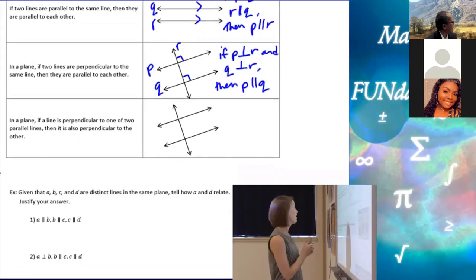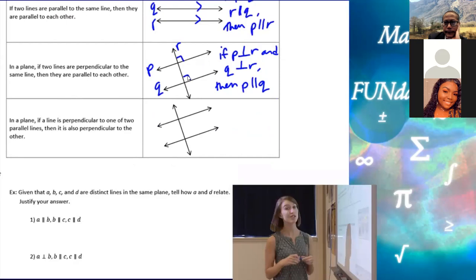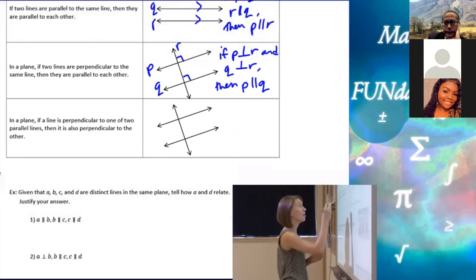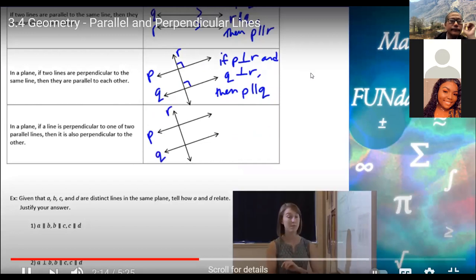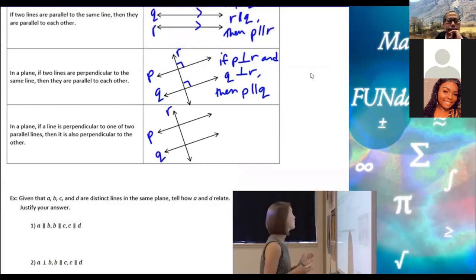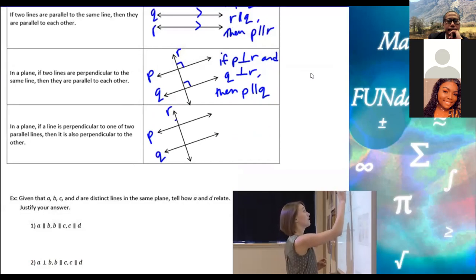Right, last one. In a plane, if a line is perpendicular to one of 2 parallel lines, then it's also perpendicular to the other. What we have here is slightly different than the last one, but this time our given information is that one line is perpendicular to one of 2 parallel lines.